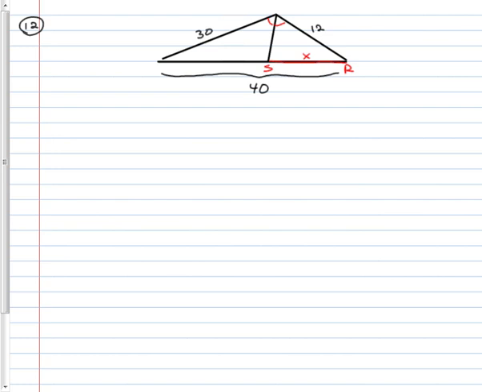Well, if this whole bottom side is 40, and S to R is X, I know this must be 40 minus X, whatever that is. And we know an angle bisector in a triangle will divide that third side into parts proportional to the original sides. So I know that 30 over 40 minus x must equal 12 over x.